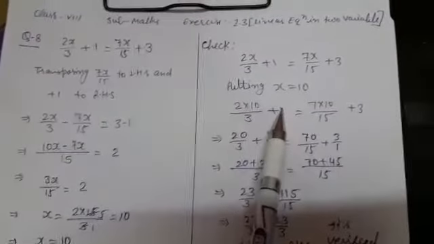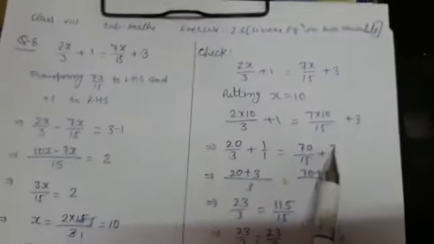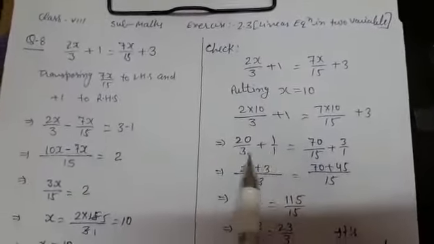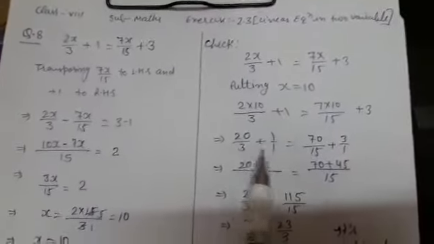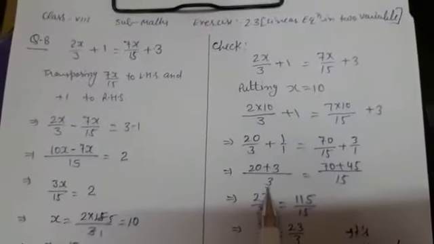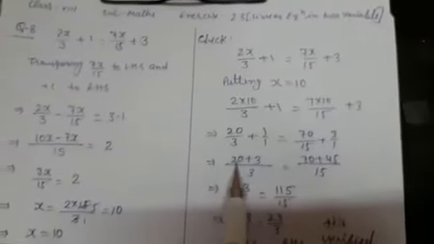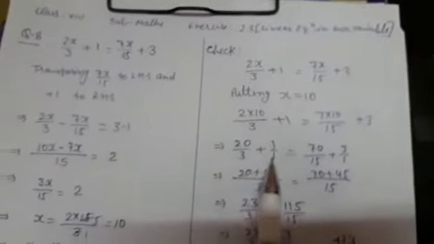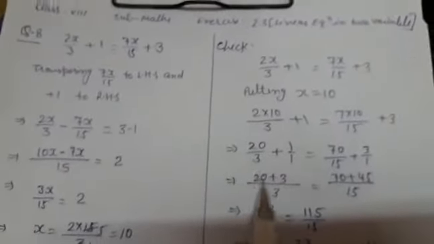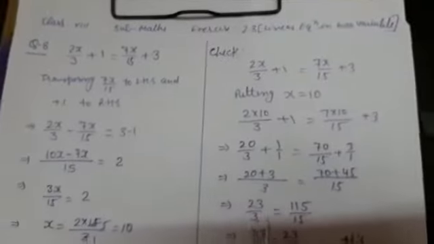Now we can take here 1 upon 1, and in this side 3 को हम लिख सकते हैं 3 upon 1. Now we are taking LCM of 3 and 1 का जो LCM है that is 3. Now 3 divided by 3, 1 multiplied by 20 we get here 20, plus LCM 3 divided by 1 is 3, 3 multiplied by 1 is 3, so this side becomes 20 plus 3, 23 upon 3.